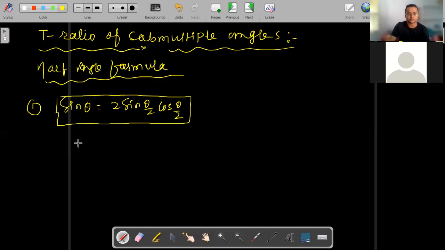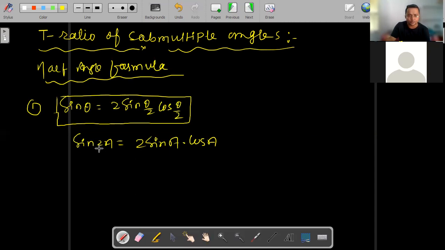As you know, students, sine 2A is equal to 2 sine A into cos A. This is for multiple angles, but today we are discussing sub-multiple angles.